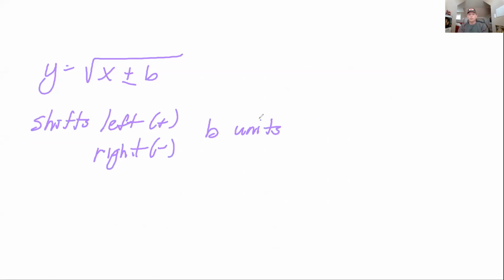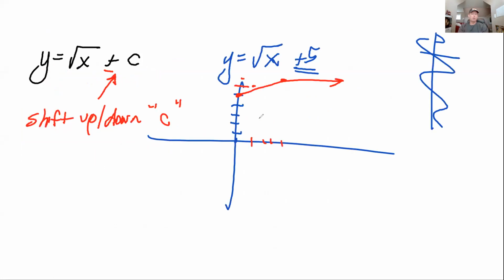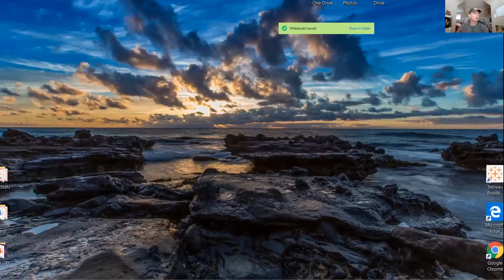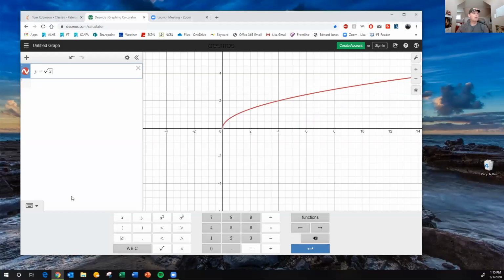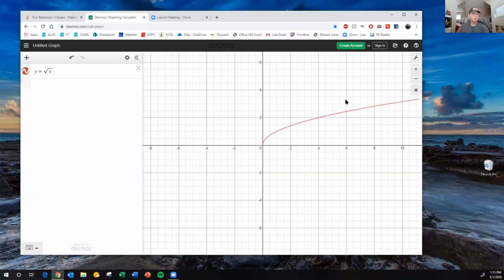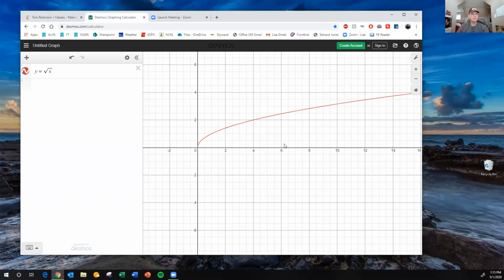So those two things, the number on the outside or the number on the inside, simply take the same basic shape of the square root. And by basic shape, I mean this basic shape right here: 0, 0, 1, 1, 4, 2, 9, 3. That same shape just moves up and down or right and left.